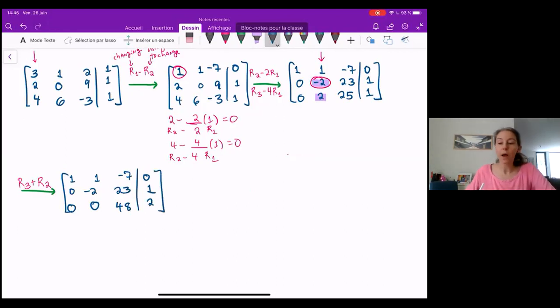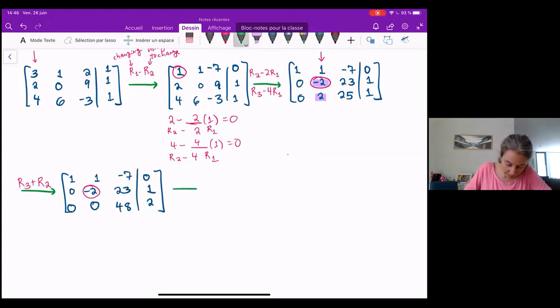Okay, so now at this point, I'm going to make that negative 2, which is still my pivot, I'm going to make it a 1 to make zeros above. So notice I was able to make zeros below before I turned it into 1, and that's totally fine. I don't have to do all of my moves at the same time.